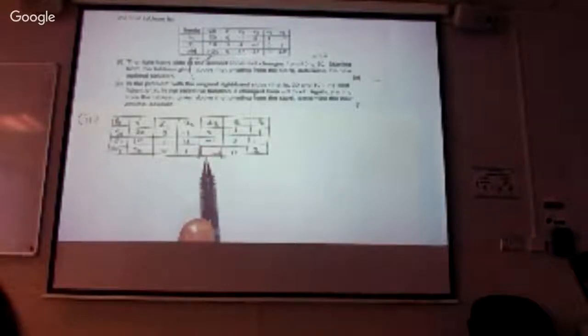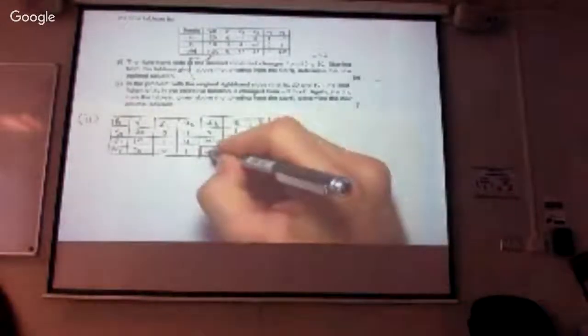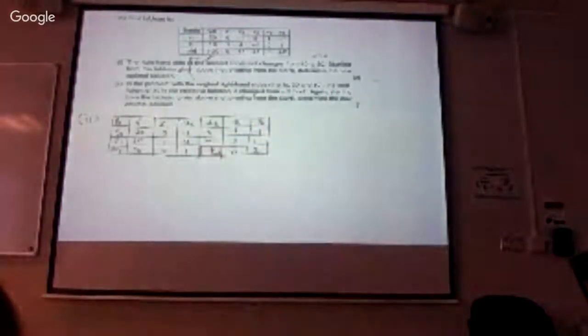So if the objective coefficient goes up, then your objective row goes down. So you get 1 minus 5 is minus 4. And so now what?